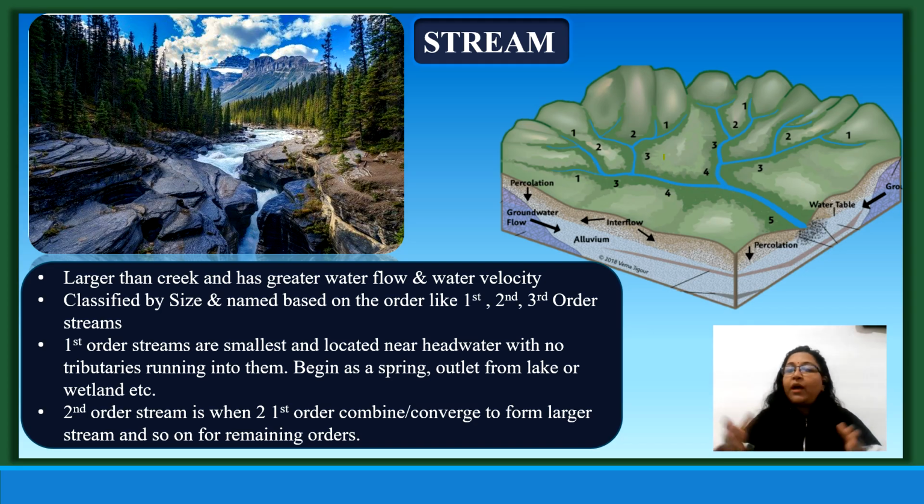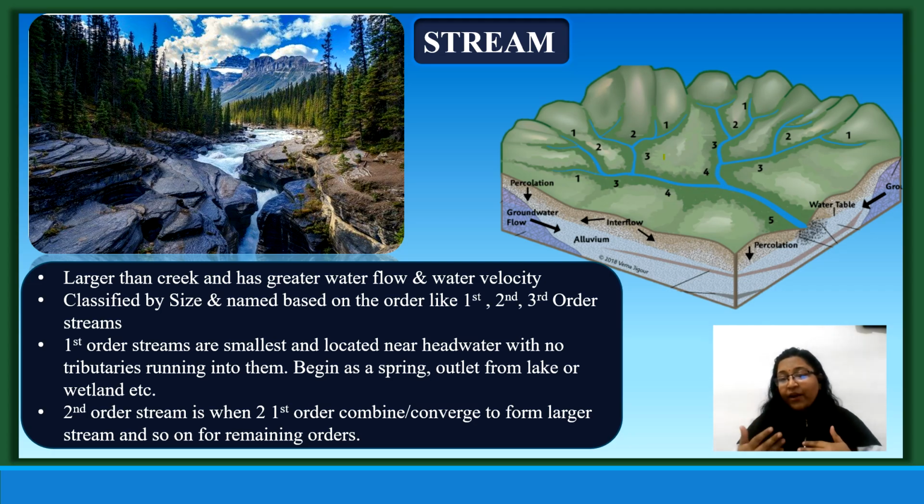The same thing happens, and now two streams of order 2 come together to form a stream order 3. So that's how streams in a landscape, while flowing, join each other to form a larger ecosystem, a larger water body.